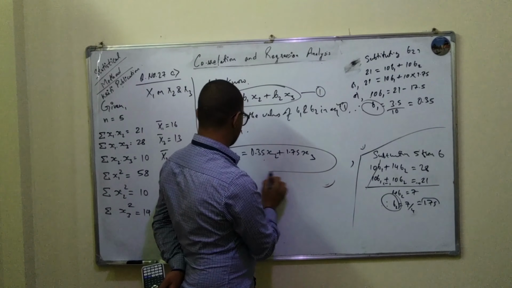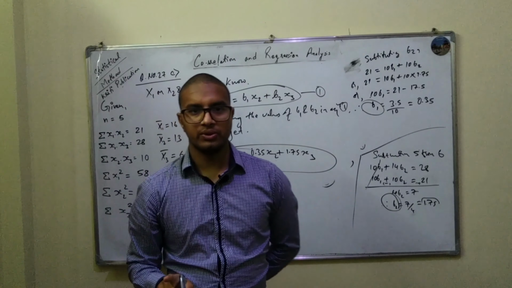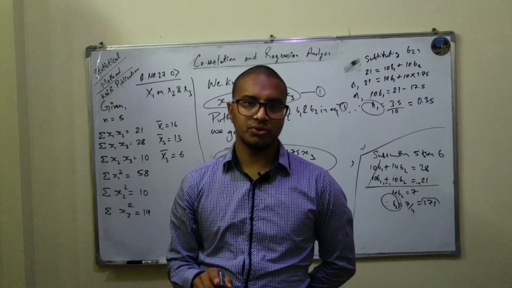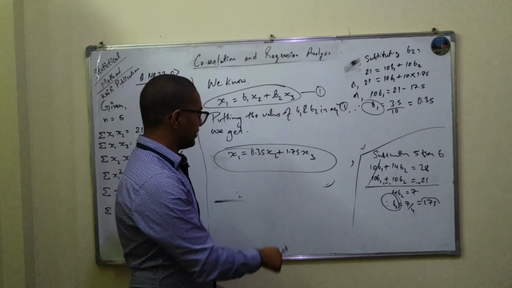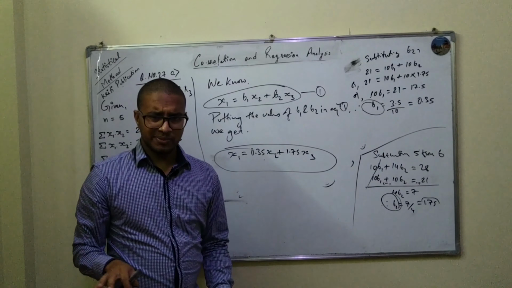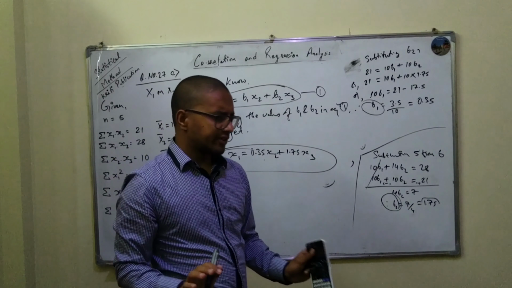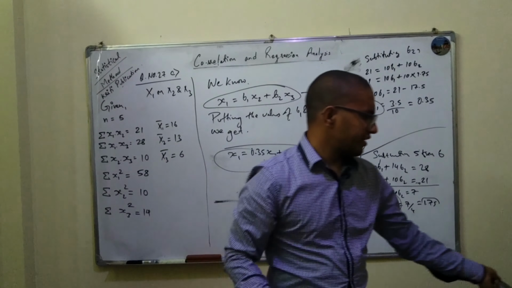Okay, so this is our equation. So if the question says anything about x2 and x3, what would be the dependent variable? You just put in the values, multiply it, and you will get your dependent variable's figure.